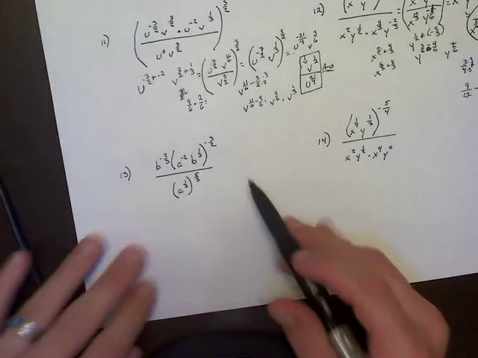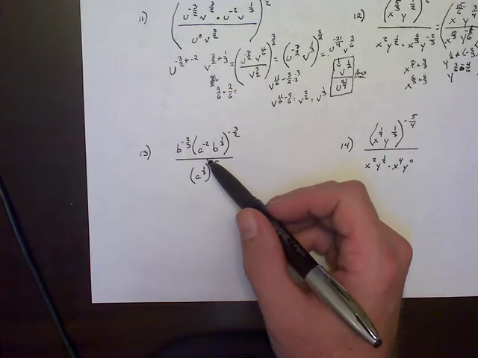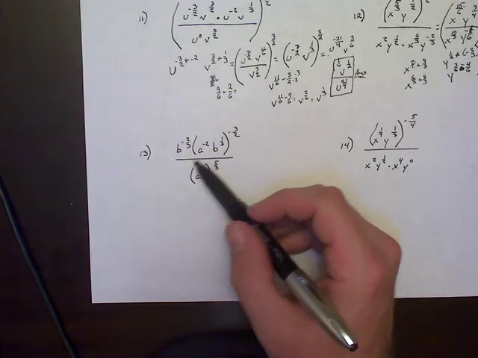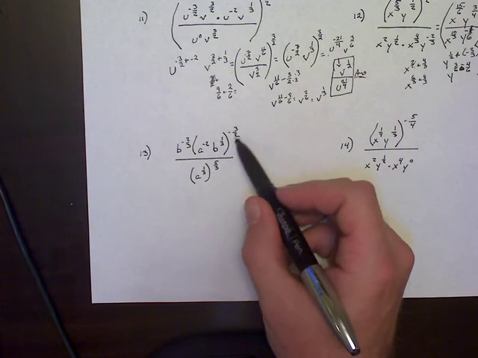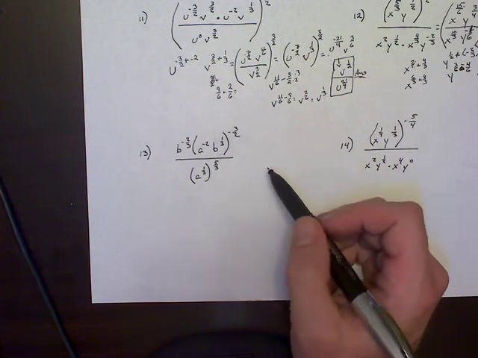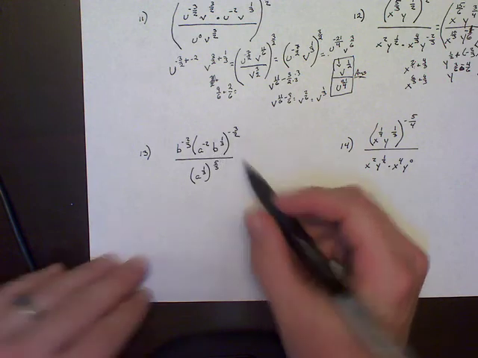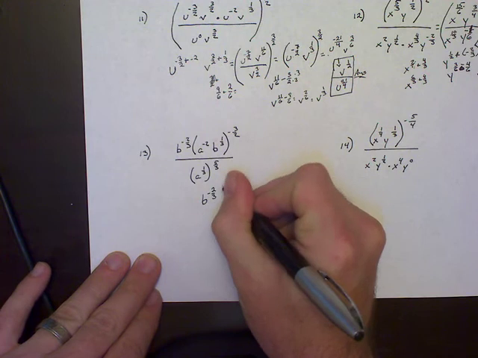Alright, sorry about that. So then, same thing over here. Before you can distribute this in here, because of parentheses and exponents, order of operations, we have to distribute that exponent in, so I'm going to go ahead and do that. I'm going to leave what's outside the parentheses alone.